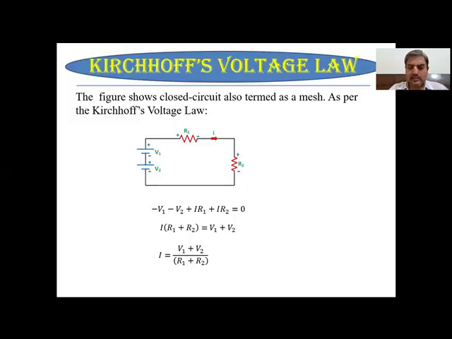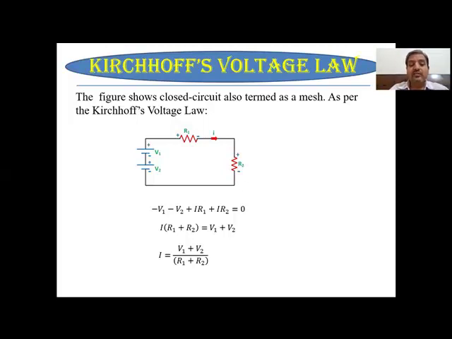It is a mesh, as you can see, because it cannot be further divided into another loop. So it's a closed loop, considered as a mesh. Here we have two batteries V1 and V2 and two resistive elements R1, R2. We have taken an arbitrary direction of I, flowing in the clockwise direction in the circuit.